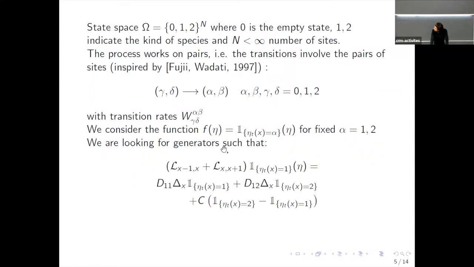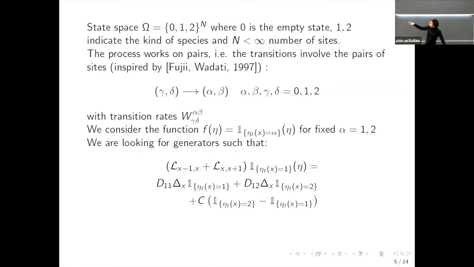In order to obtain the limiting equation we would like to have, we are looking for a generator whose density acts on the indicator function in the way you can see here. For simplicity we consider just the first species, but similarly we can extend this computation to the second one.